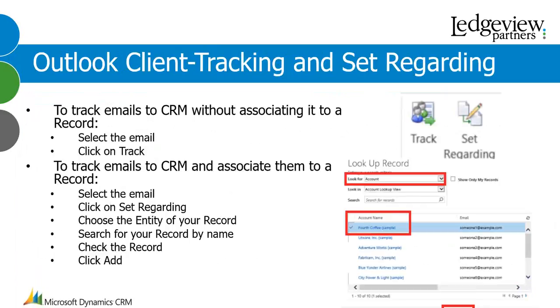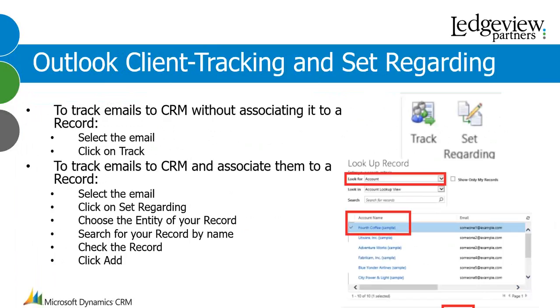Now on to the current Outlook client that many of you are using, and tracking and set regarding emails. I'm going to open up Outlook client and show you how this works, but I'm just going to touch on it briefly. To track emails without associating them to a record, you simply select the email and select track. We recommend doing set regarding because with tracking, it only puts the information in CRM.